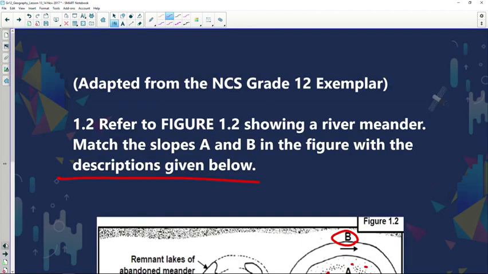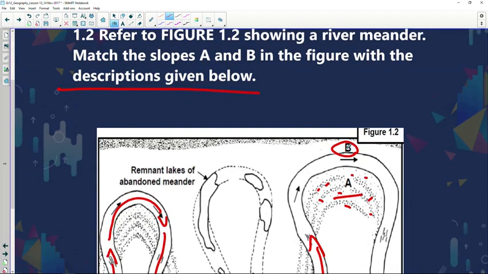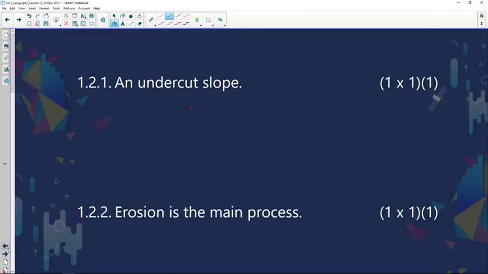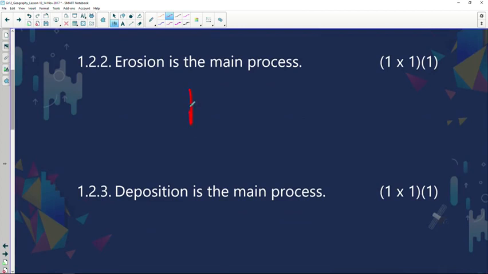So that's going to be number B. As you can see, the water bumps into the side, so it's going to start to erode. And as you can see the deposition taking place at A. So the correct answer is going to be B. Erosion is the main process, like I've just mentioned. That's definitely going to be B.